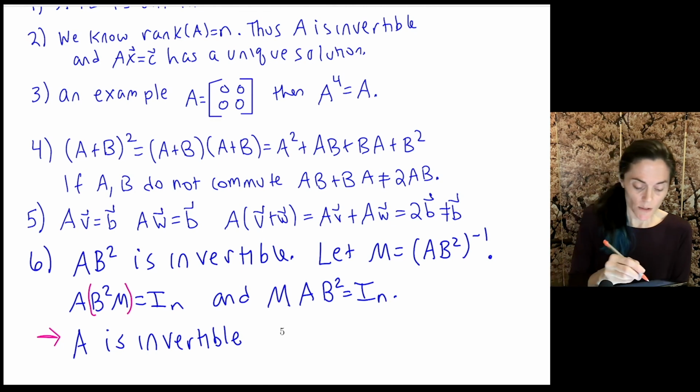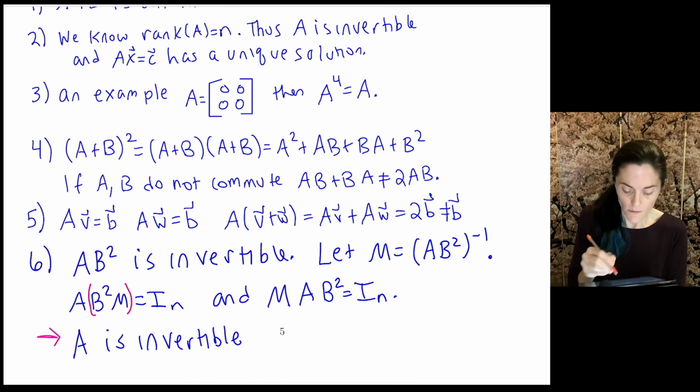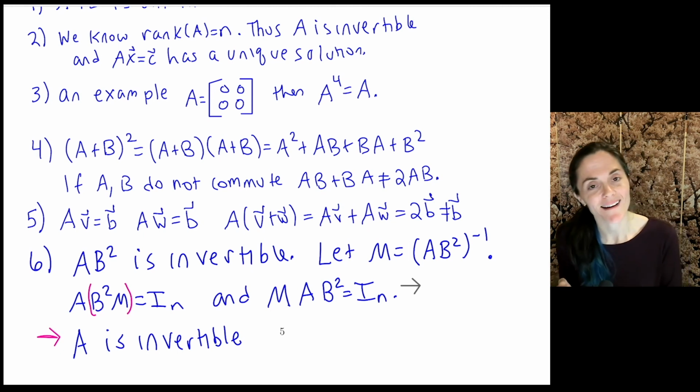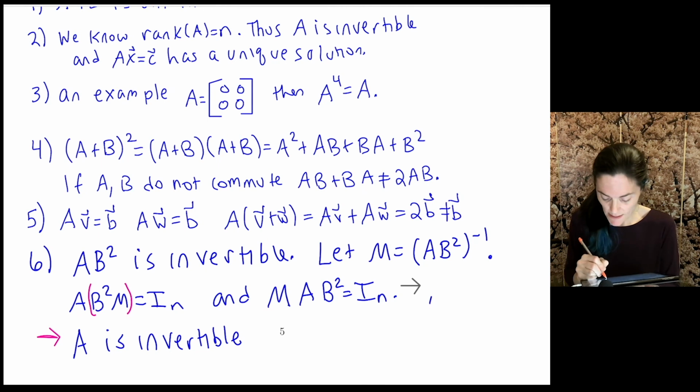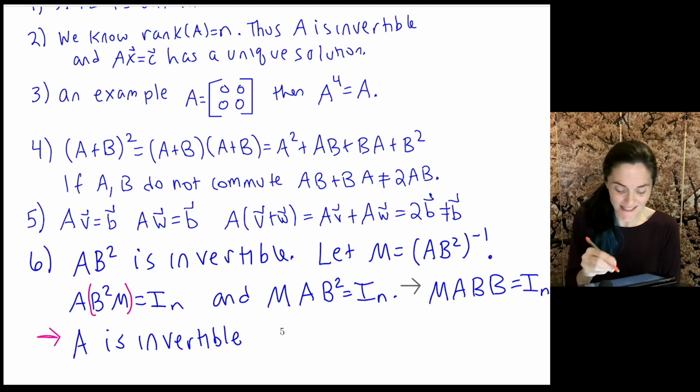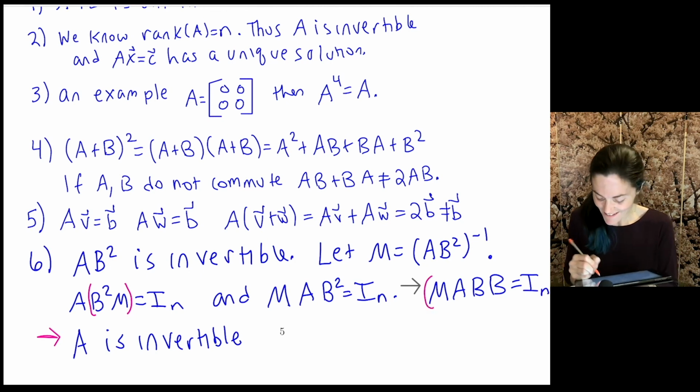Now this one I just need to group slightly differently. Maybe I will draw one arrow. I can write B squared as B times B. So this is M, A, B, B is the identity. And now I can group this side, here and here.